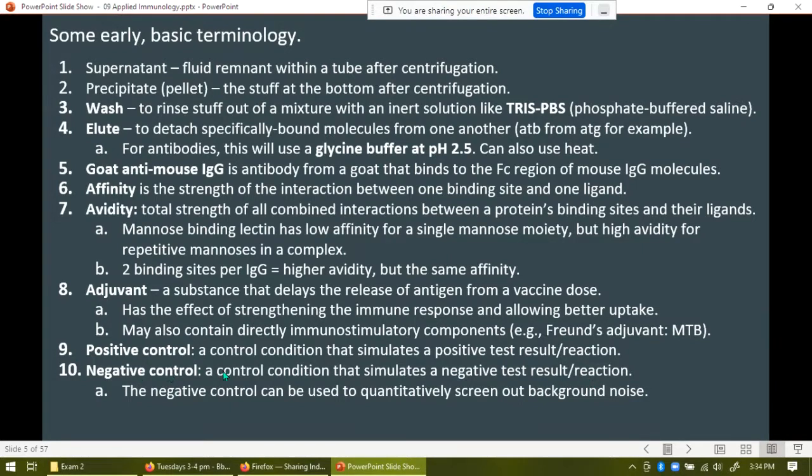You want to run these both to make sure that your assay is working and that it's specific for what you're looking for. The negative control can be used in some cases to quantitatively screen out background noise. So a positive result minus the negative control's result tells you what your real signal is.